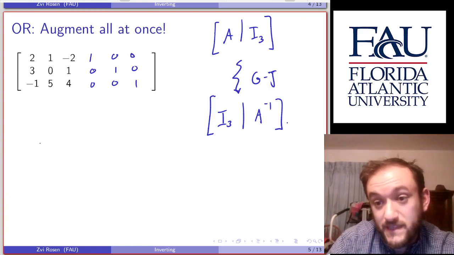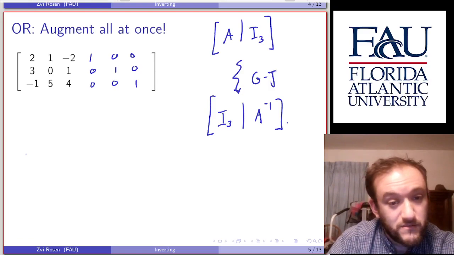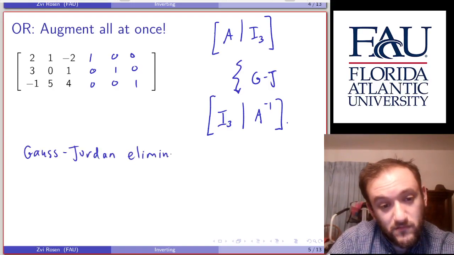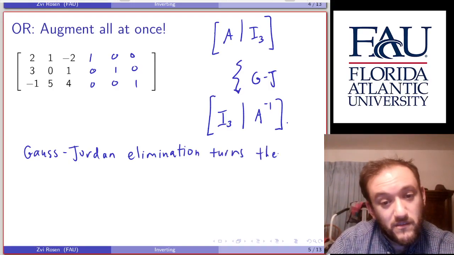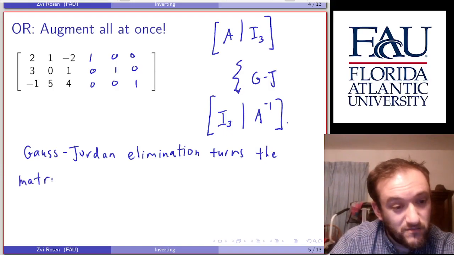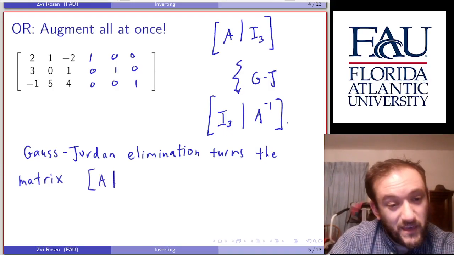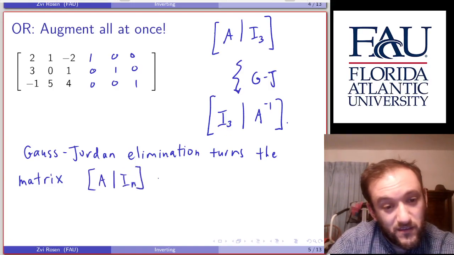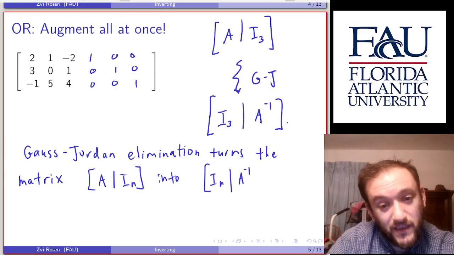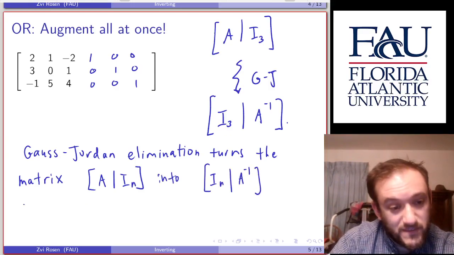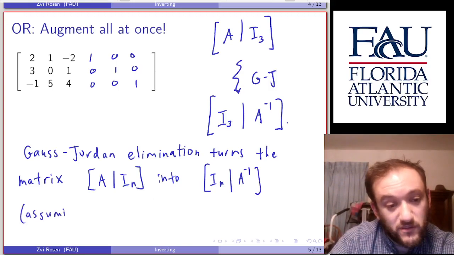So to state this formally, Gauss-Jordan elimination turns the matrix A, I_n into I_n, A inverse, and this assumes that A is invertible.